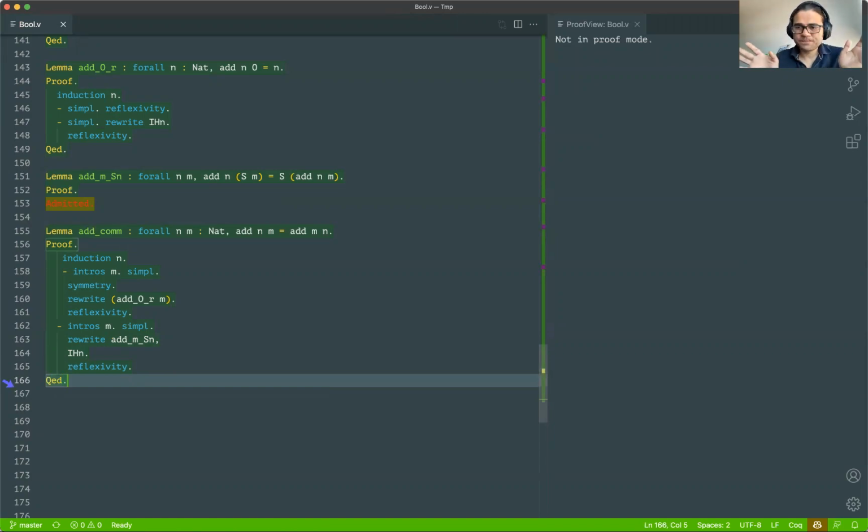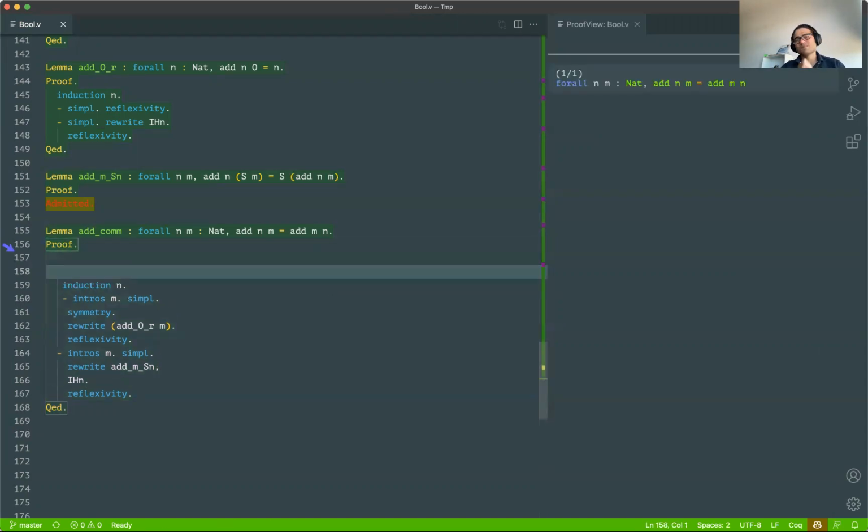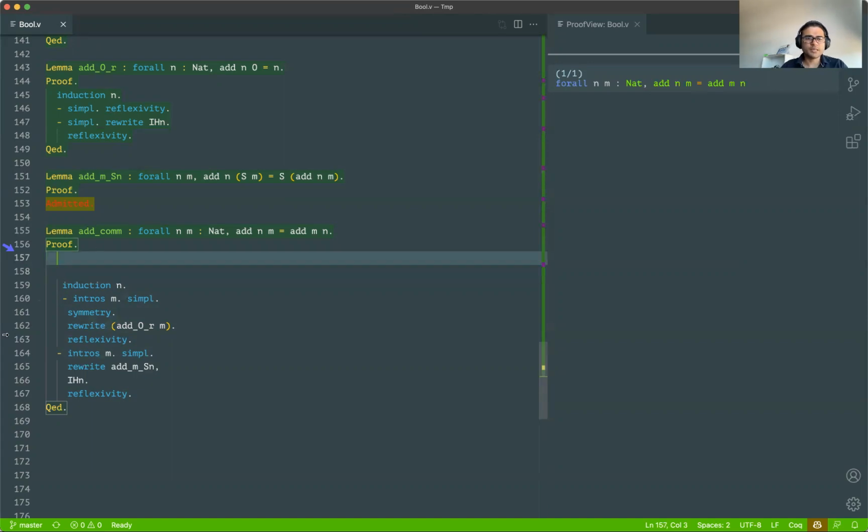So far, so good. Now I'm going to demonstrate a trick here. I'm stating my theorems in such a way that I'm thinking ahead of time, and I am keeping the term which I'm going to induct on at the very beginning. Why am I doing that? Let me show you.